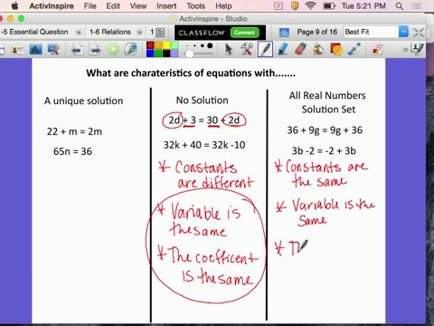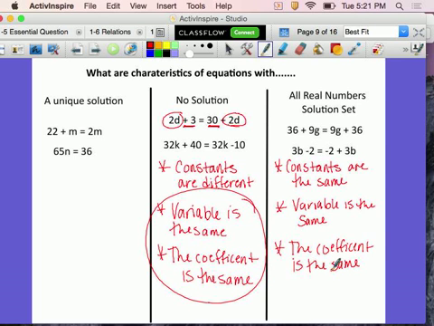And the coefficient is the same. That's important because the variable and the coefficient are the same on opposite sides.